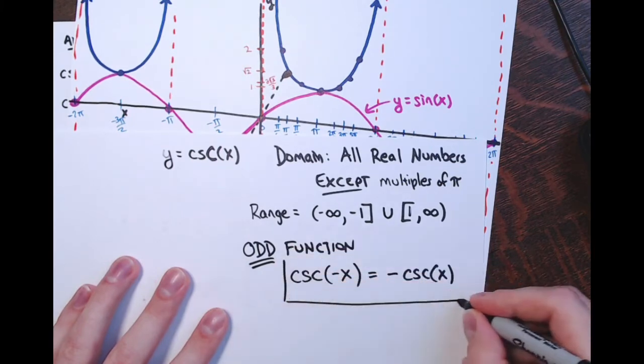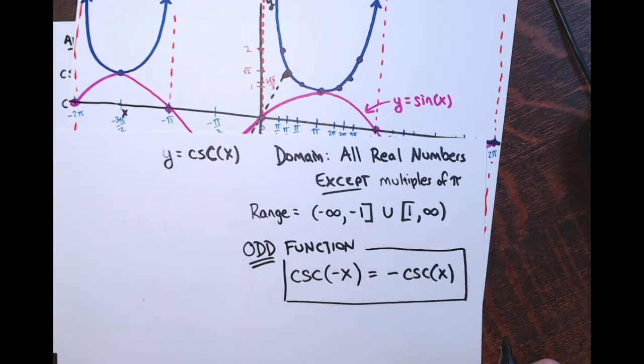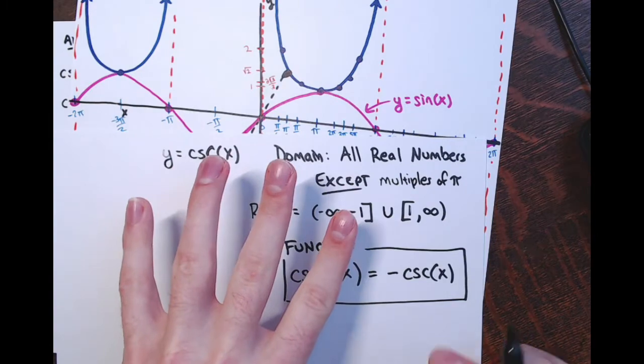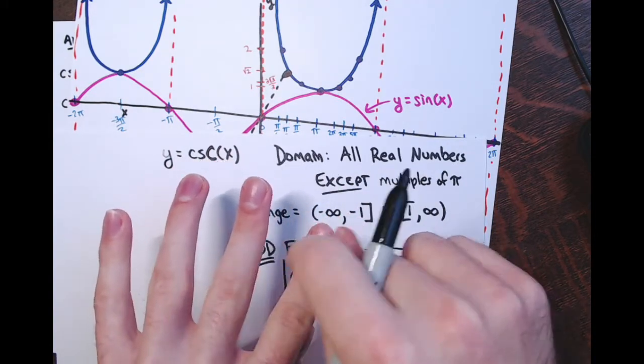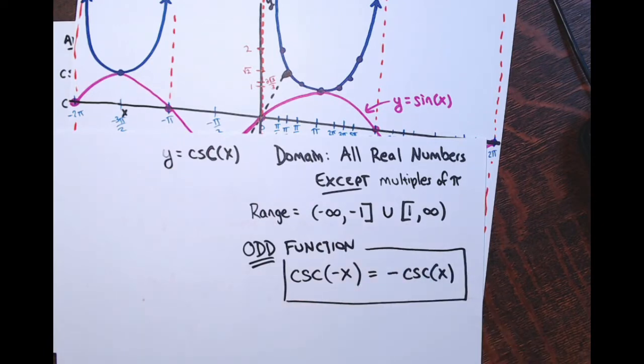So far our odd functions have been sine. Sine was odd. Tangent was odd. Cotangent was odd. And now cosecant. All right, so you have 4 odd functions: sine, tangent, cotangent, and then the reciprocal of sine, cosecant.